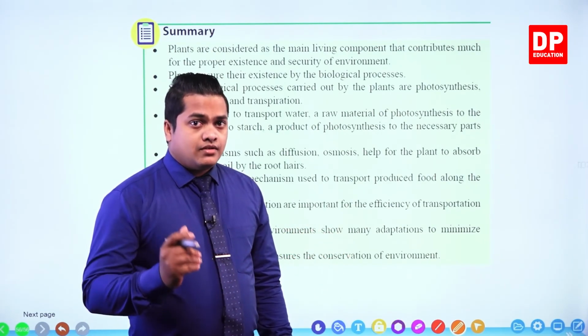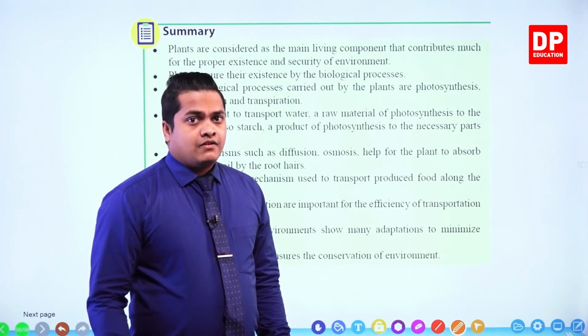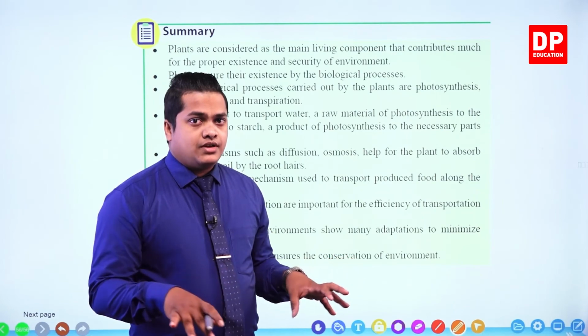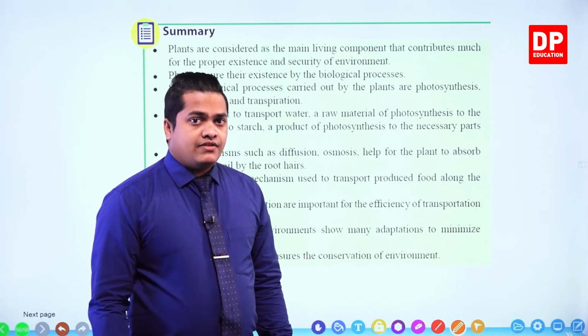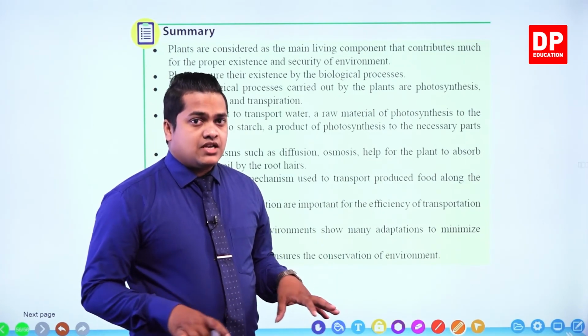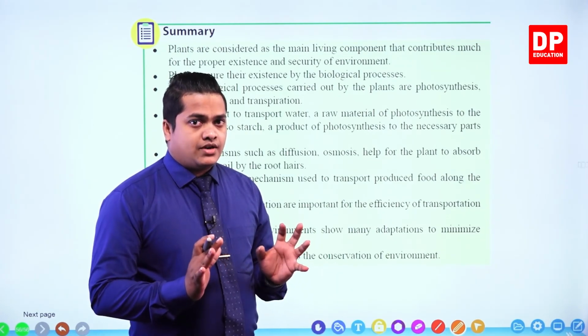Water is transported, and photosynthetic products, starch, are transported all around the plant body, and then finally to the storing agents. So this transportation is very important for the plant.